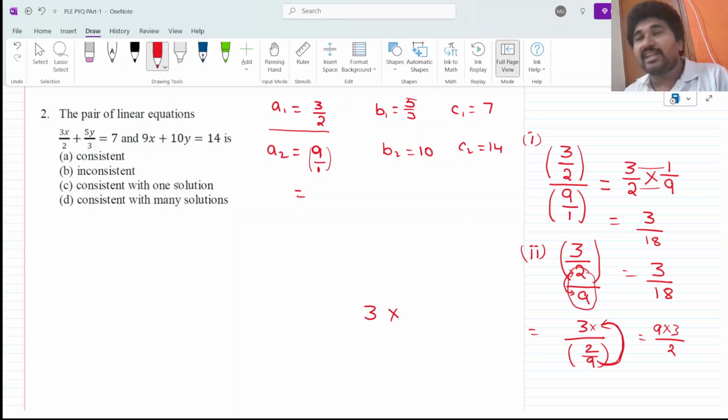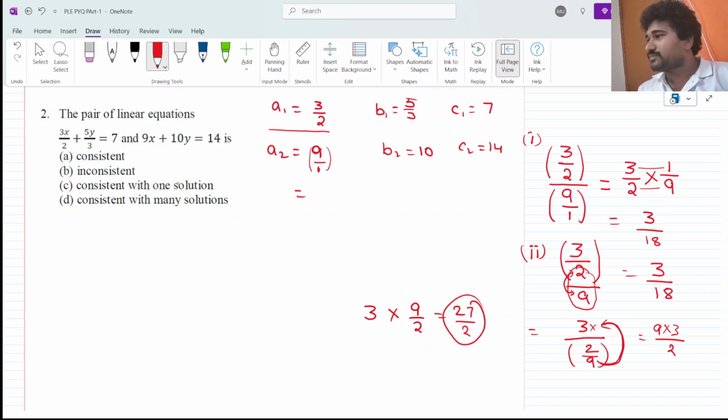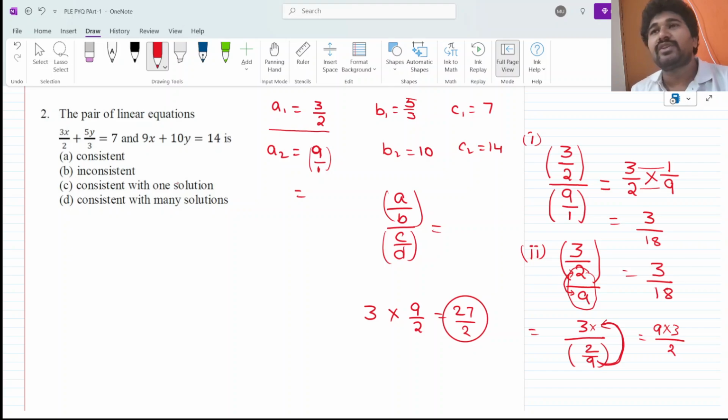I said if there is a fraction below, how should we do it? Flip it and multiply, that is only what I did. 9 threes are 27 by 2. Is that clear? So don't get any confusion in fractions. For example, if I write a by b by c by d, two separate fractions, what will you get?